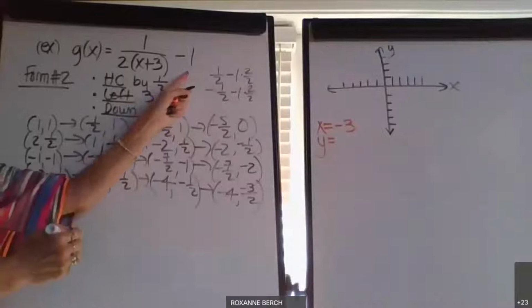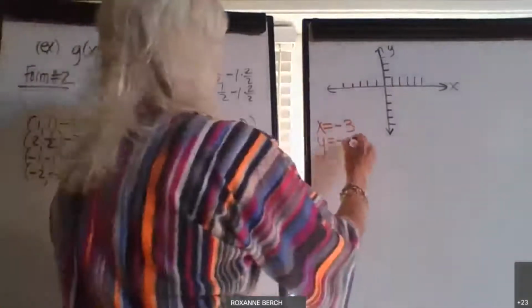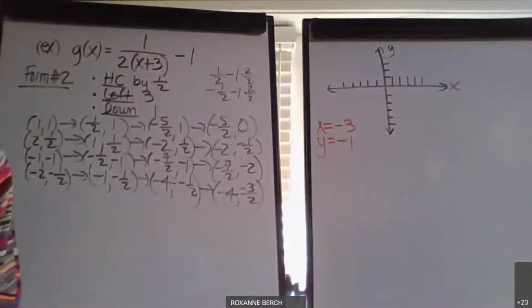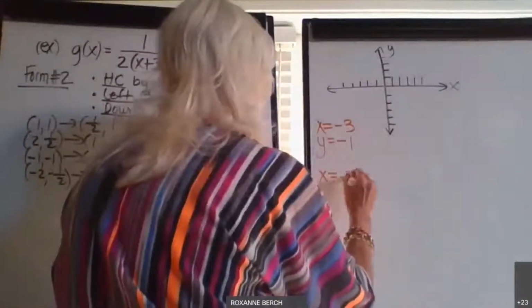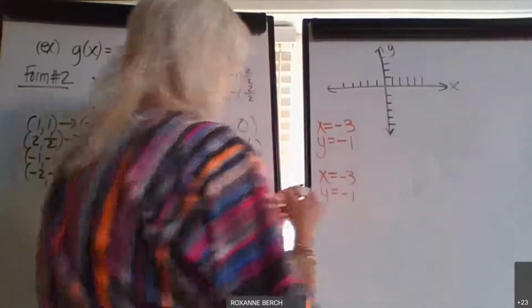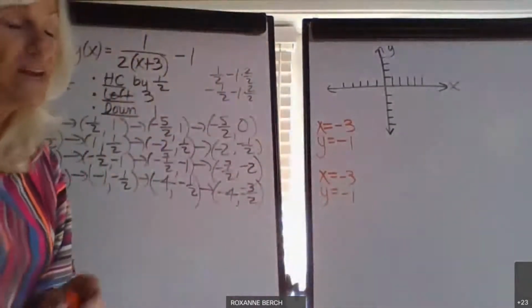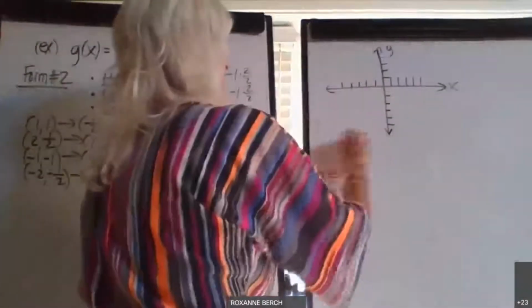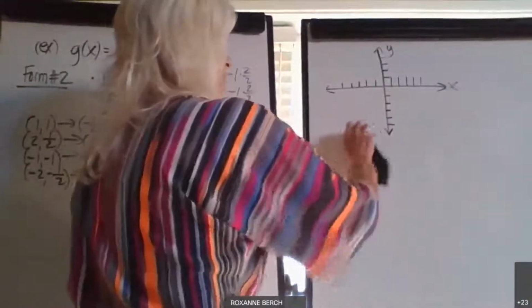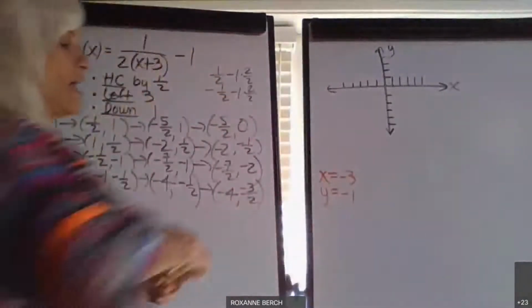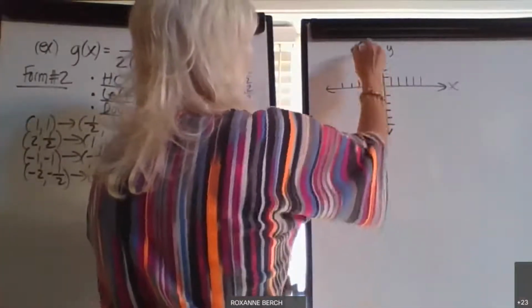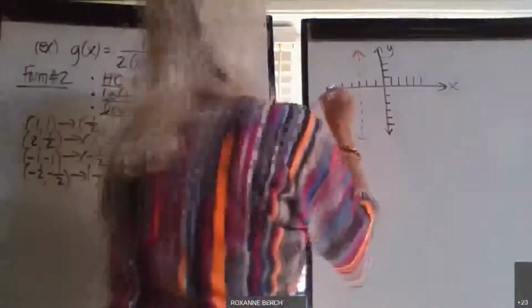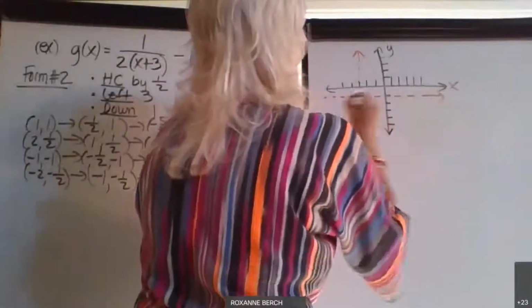And the new horizontal asymptote would be y equals -1. So I should write these down here. You want to graph those first because those serve as a really good guide for all of these crazy points. So x equals -3 would be here, and y equals -1 would be there.